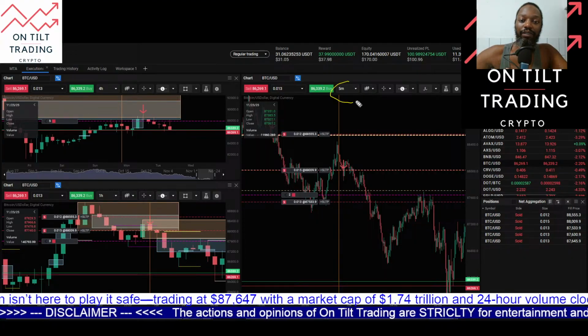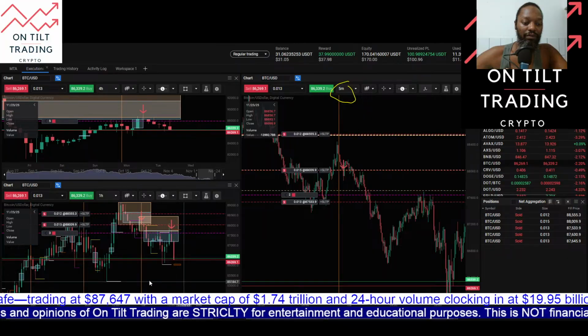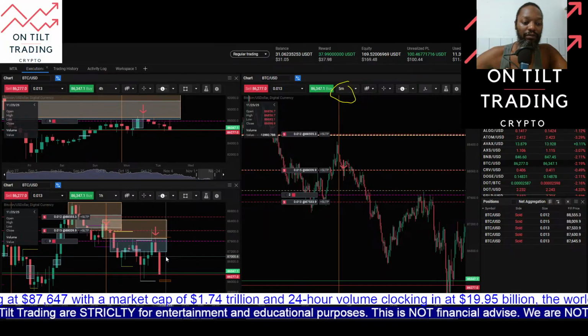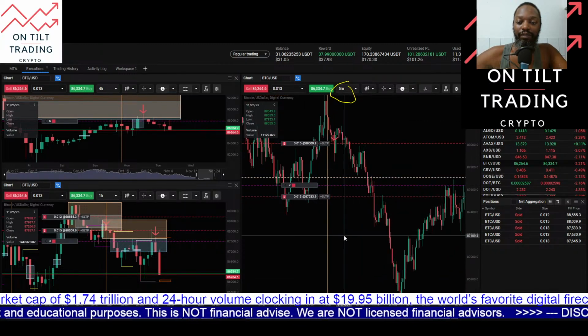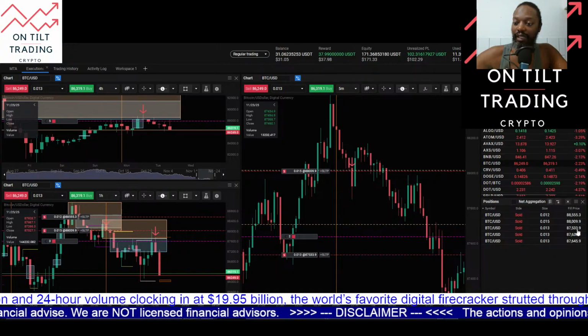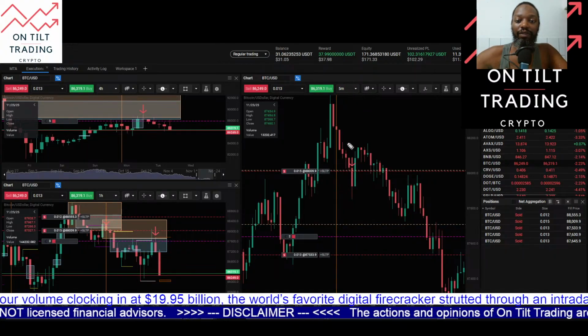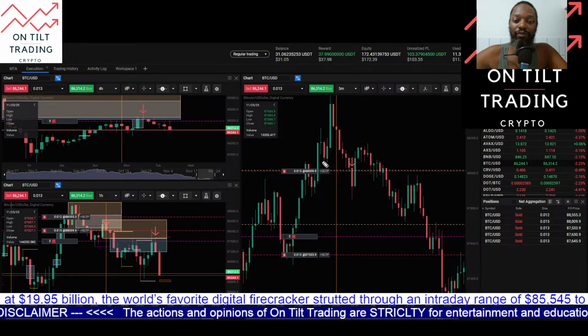And then if we come here to the 5-minute, you can see my entry is here. FOMO'd entry. Ideally with these on the 5-minute, unlike the 15-minute, you usually get a pullback.